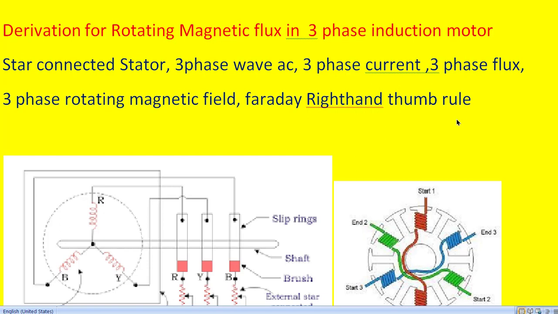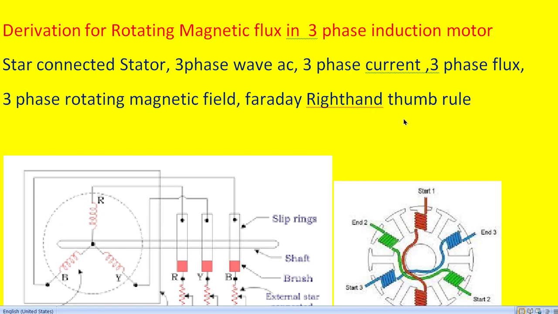And also we have seen Faraday's right hand thumb rule. And also we have seen what is the positive direction of the current vector diagram and what is the negative current direction of the vectors. And we have seen the flux vectors in the positive direction and also the negative direction.